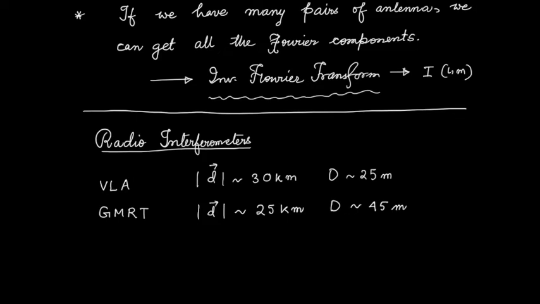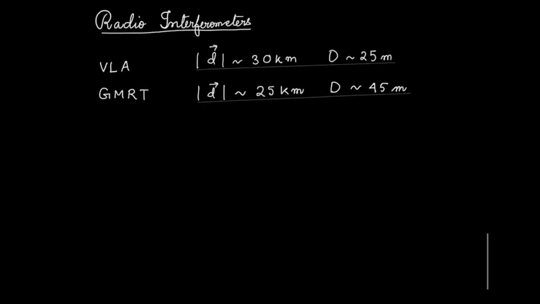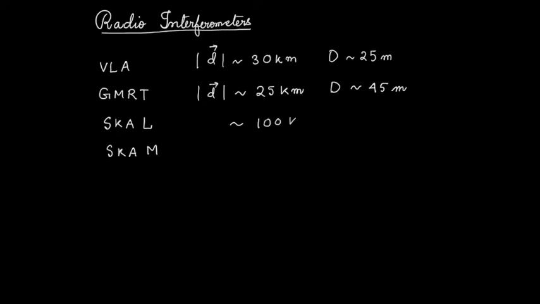Nowadays, the radio astronomy community worldwide, of which India is a major part, is planning to make interferometers called the Square Kilometre Array. There are different types of these interferometers which will be kept at different places. These are called SKA, and they will have a distance of about, let me write, 100 kilometers here; it varies for different models.